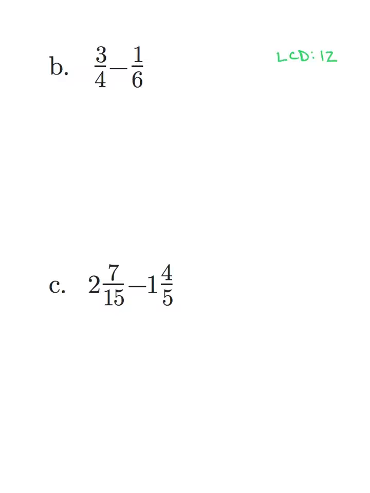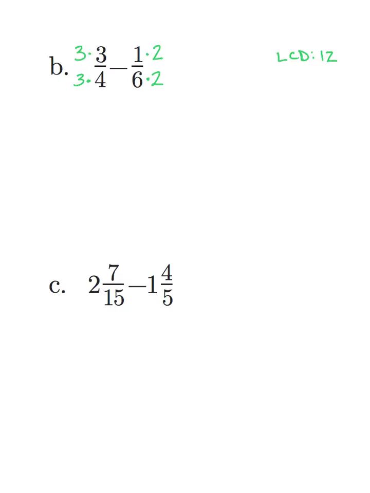In order to get from 4 to 12, we want to multiply by 3. And again, whatever I do to the bottom, I do to the top. For the second fraction, in order to get from 6 to 12, I want to multiply by 2.